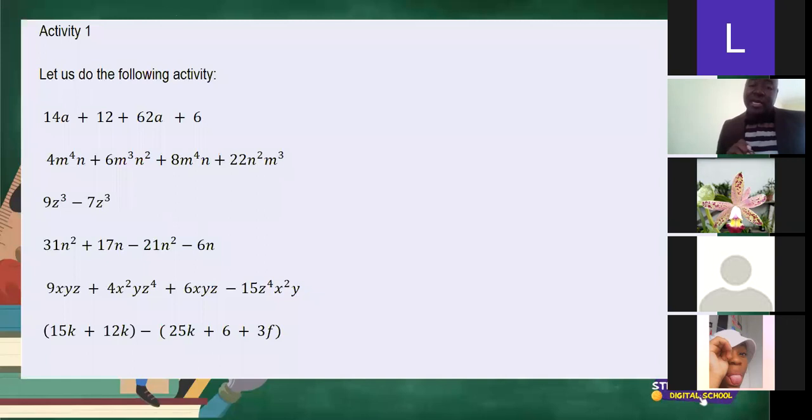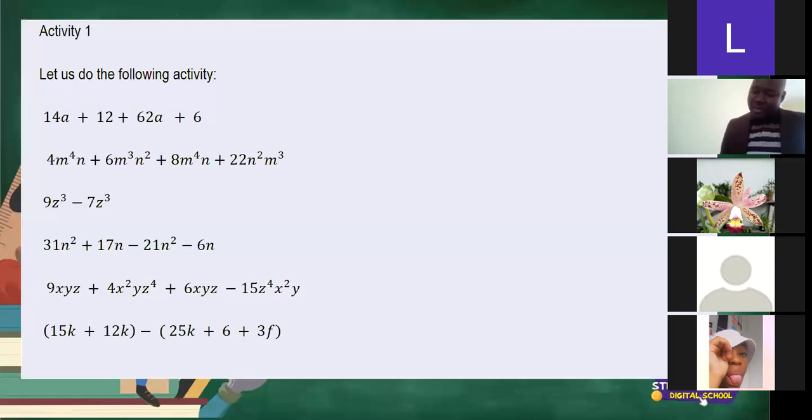If you look at the second category, 4x squared y z to the power 4, the author has tried to trick you there because he started with x squared, and in the second category, he started with z to the power 4. So all that you need to do is to rearrange your variables so that they look exactly the same.